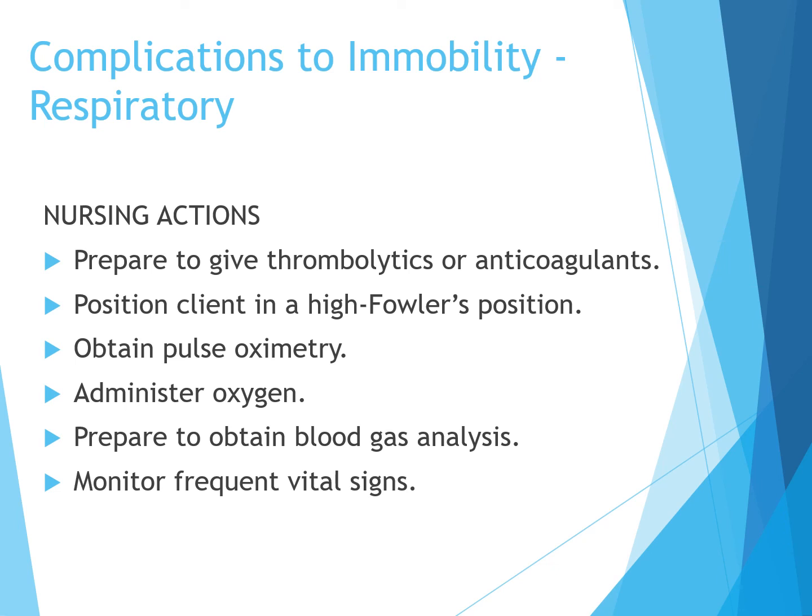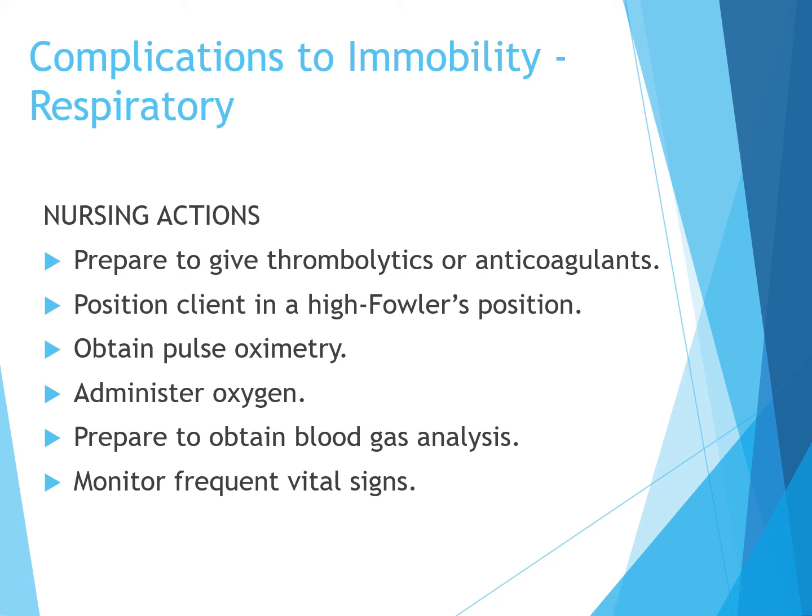Okay, so let's talk a little bit about the complications that we see respiratory-wise and what the actions would be for that. There's going to be some similarities to what we talked about with just the deep vein thrombosis itself.